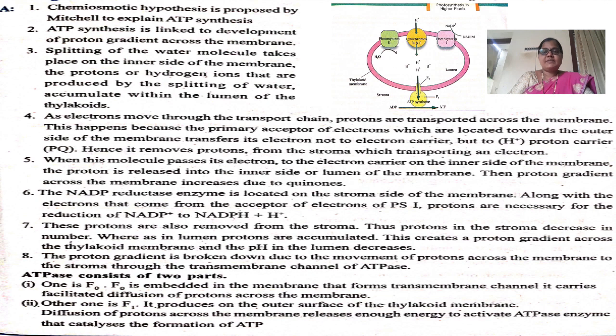In this ATP synthesis, the splitting of water molecules takes place on the inner side of the membrane. The protons, or hydrogen ions, that are produced by the splitting of water accumulate within the lumen of the thylakoids.